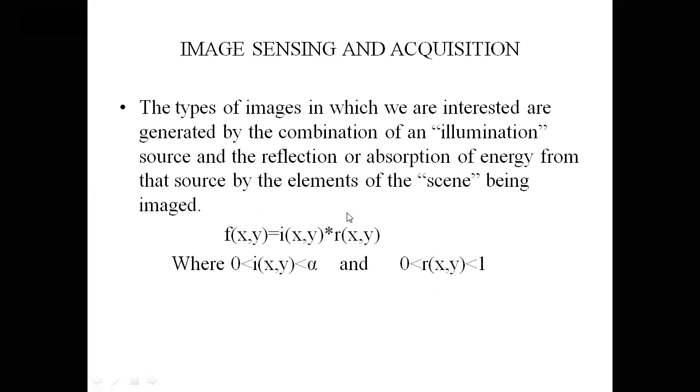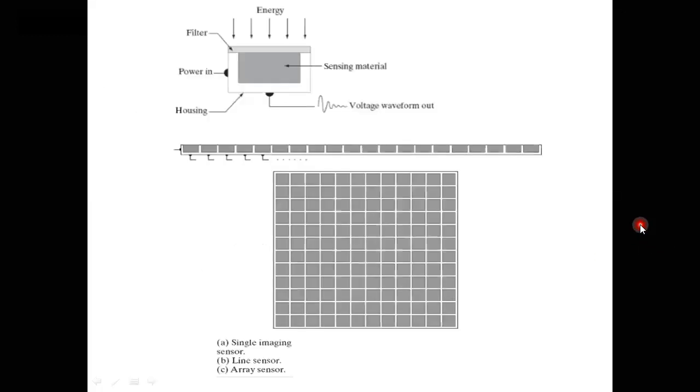Most images are generated from the combination of an illumination source and the reflection or absorption of energy from that source.